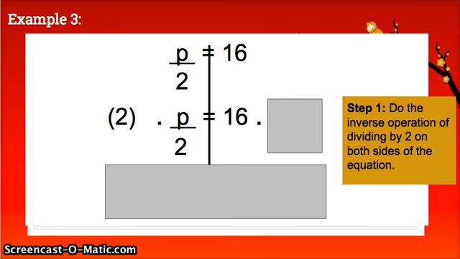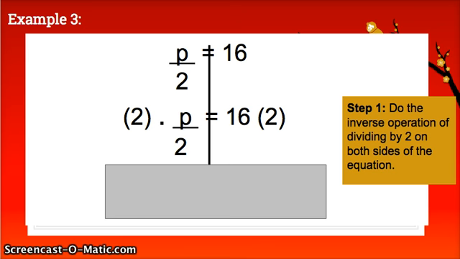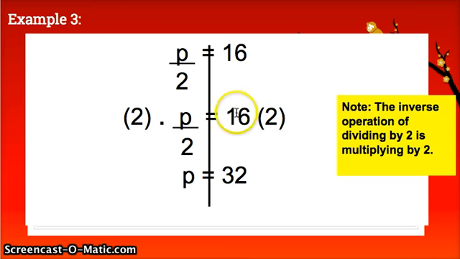And then what I do to one side, I must do to the other to balance the equation, so I will also multiply 16 by 2. Here on the left-hand side, the 2's cancel, which is what I wanted, and I get p by itself. And then on the right-hand side, 16 times 2 equals 32.